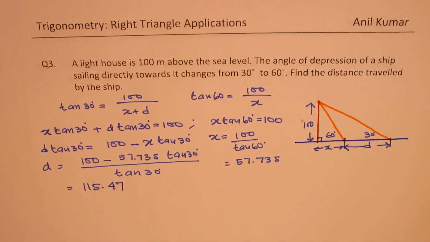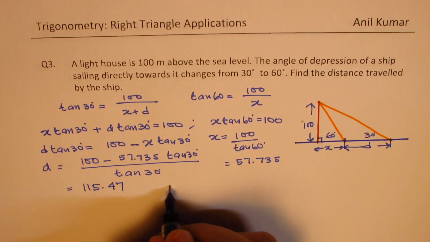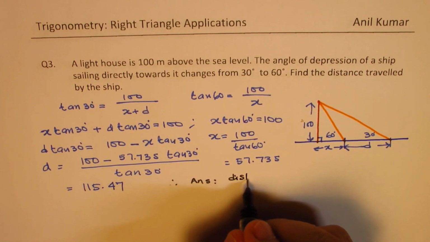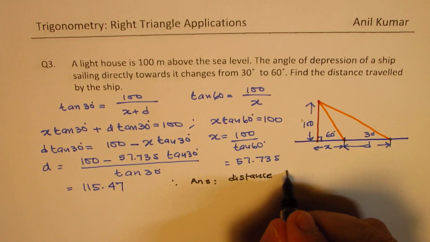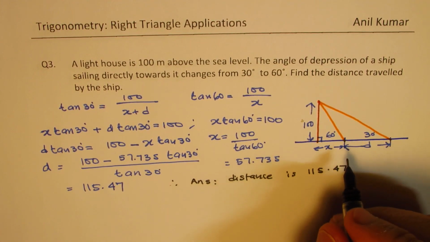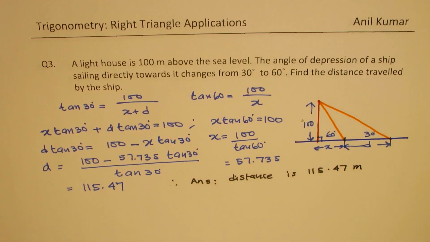So the distance d traveled during this time is, so therefore the answer is distance is 115.47 and the units are in meters.